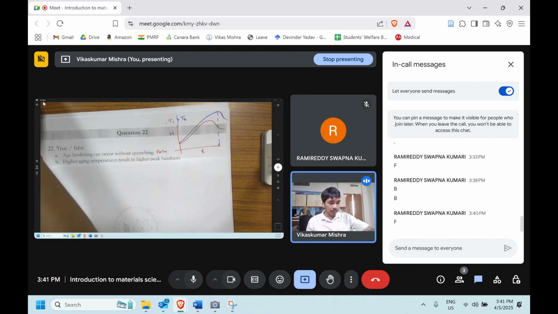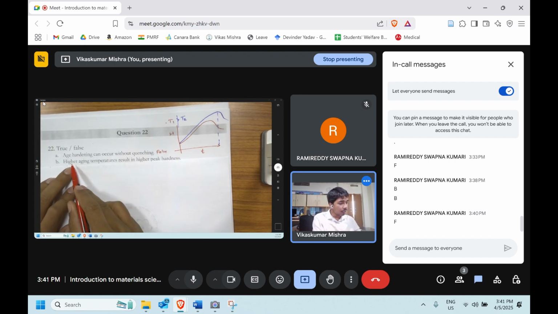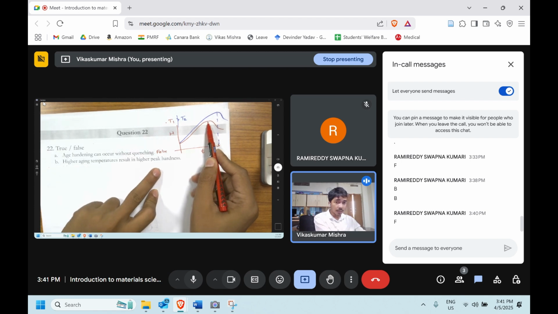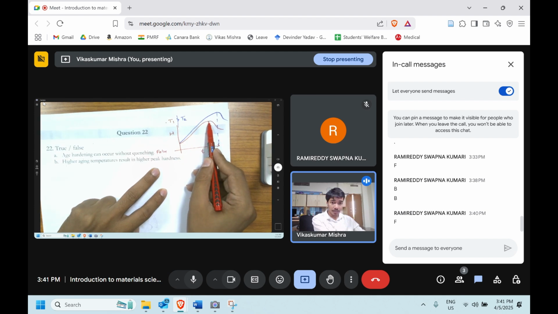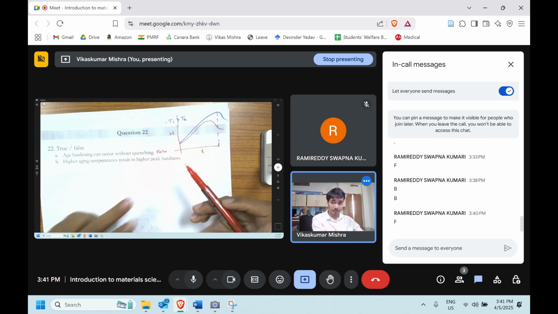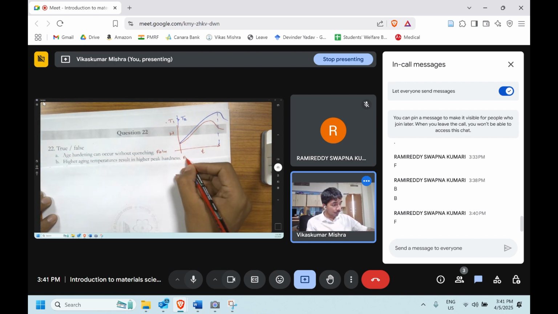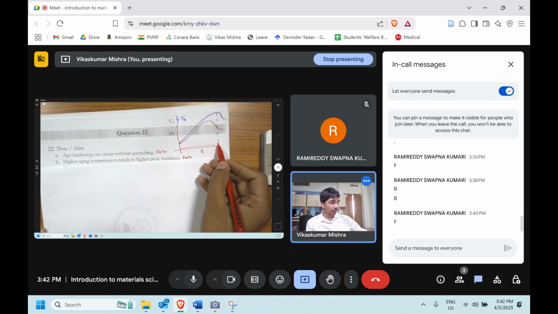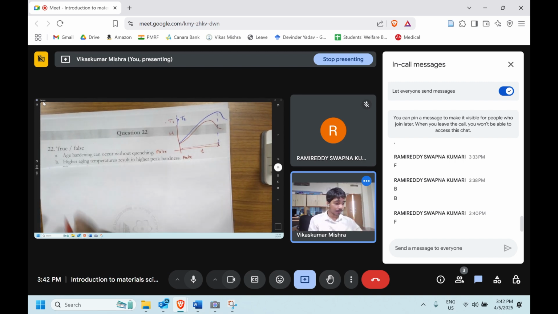So here, the higher aging temperature, that is T1, will result in the higher peak hardness. No, it's incorrect. If I keep on increasing the temperature, the chances of precipitate growth will be more compared to the lower temperature. So it's false. Lower the temperature, more is the time required, better hardness you will get.